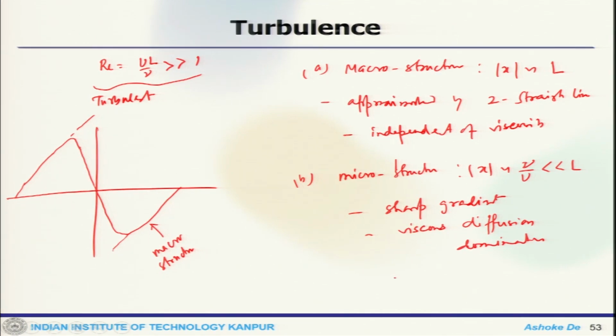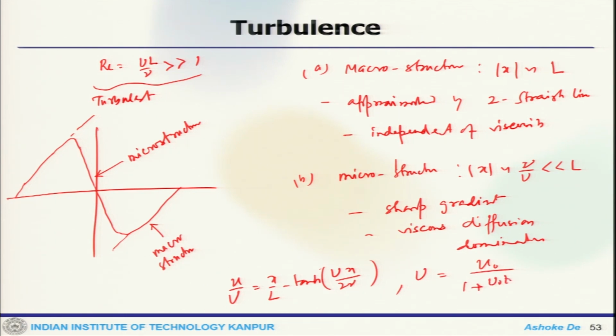So, these are my solutions of microstructure. So, the single solution which we have, u by capital U equals to x by L minus tan hyperbolic U x by 2 nu, where I have U equals to u naught by 1 plus u naught t by L. So, this solution is plotted here, and there could be two types of structure which will influence that.